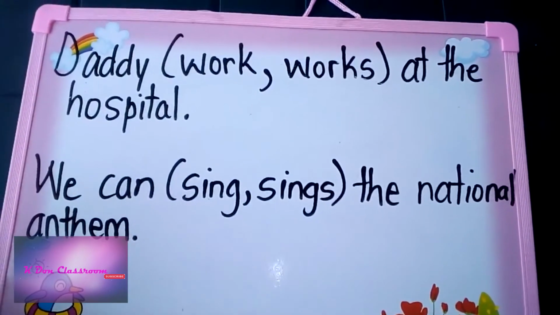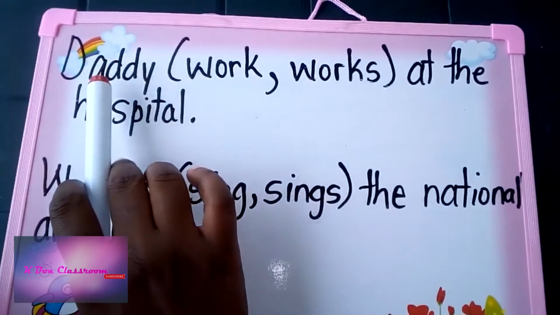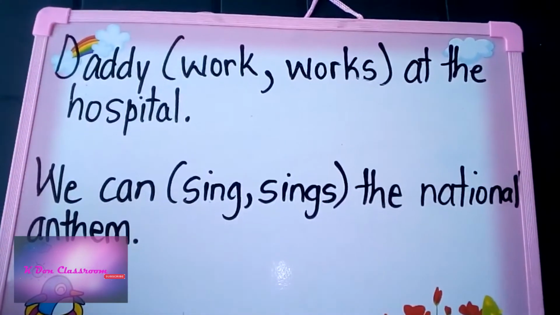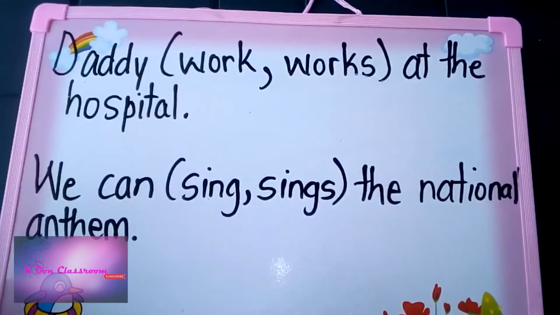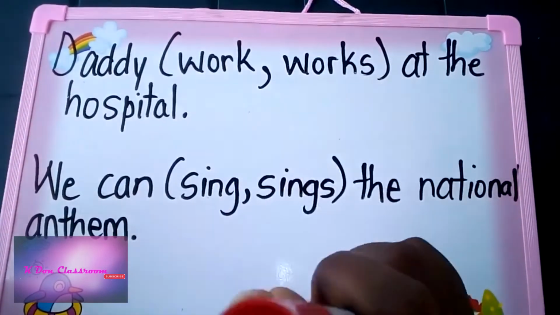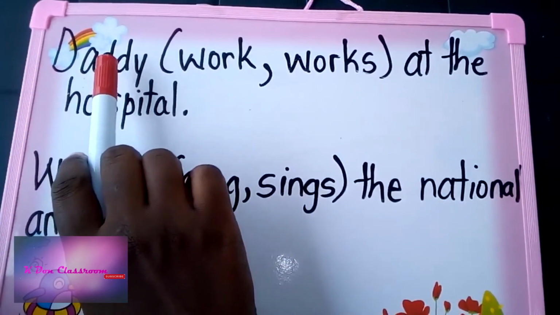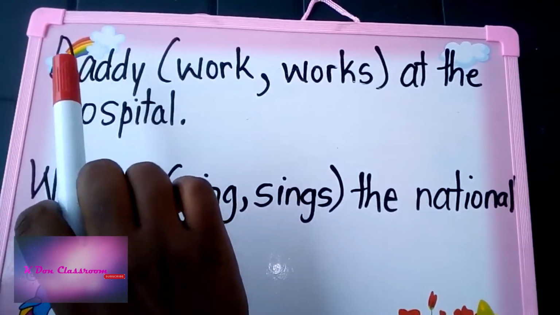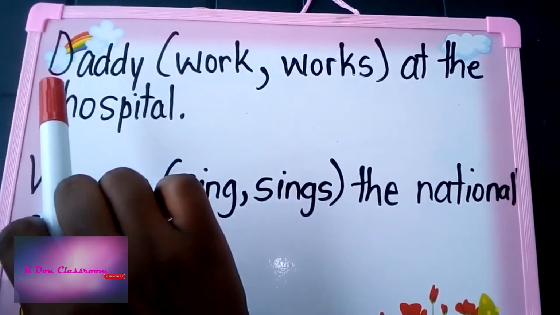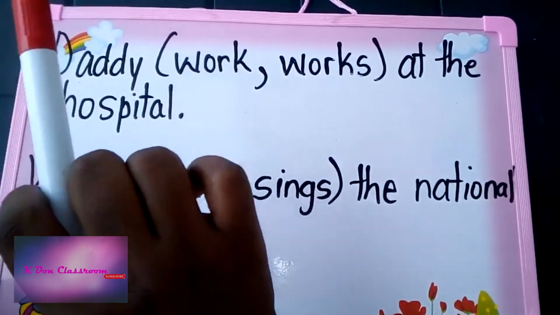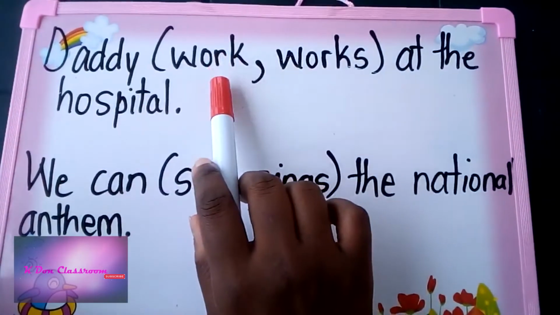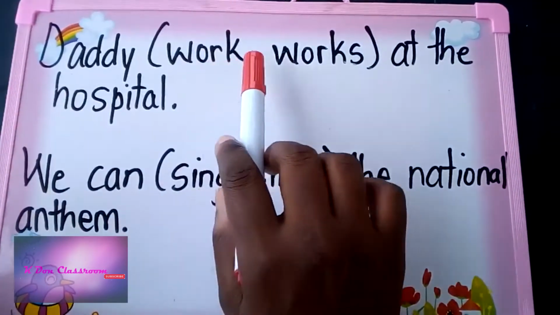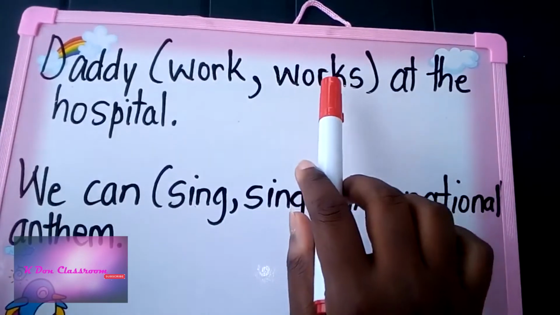Now the next thing we need to ask ourselves, is this subject singular or is it plural? How many is daddy? Daddy is one. Therefore, this subject is singular. Now remember what the rule says. Singular subject takes a singular verb. Let's look at our verb. Work, works. Which one of our verb is singular?